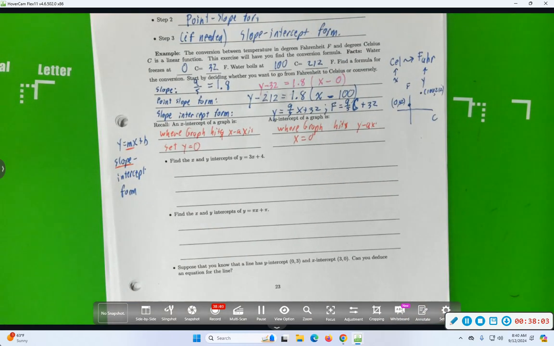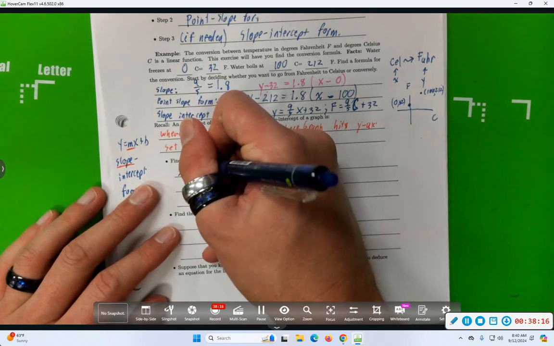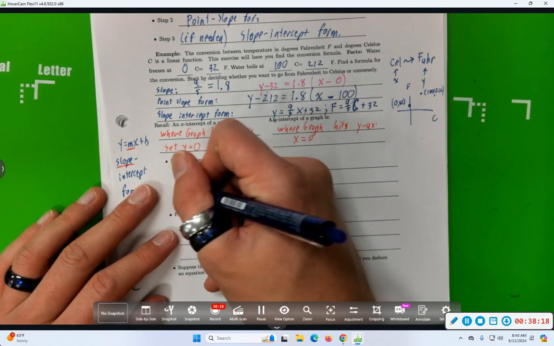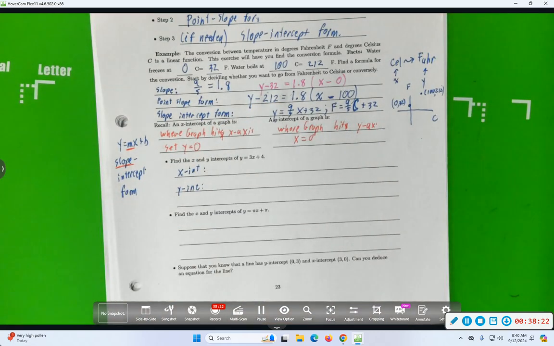So let's just do a quick example: y equals 3x plus 4. Find for me the x-intercept and the y-intercept of this thing. Again, I'll do as much work as you want me to do. If you remember the notions, then it's better to get practice with them on your own.